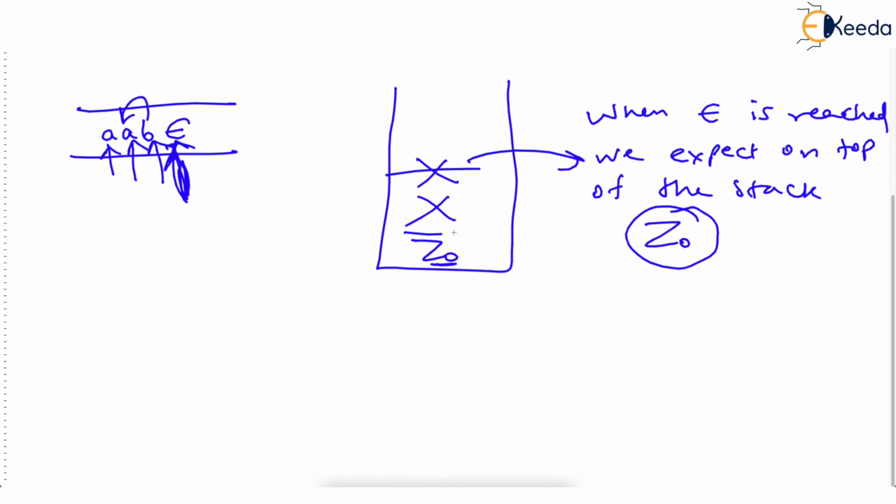But note that on top of the stack we don't have Z0, we have X. That means surely one more A is pending to be cancelled. That means one B was missing. So A square B raised to 1 is rejected. I hope the idea is very clear. We will come back in the next example where we will see the development of this PDA. Okay, thank you very much.